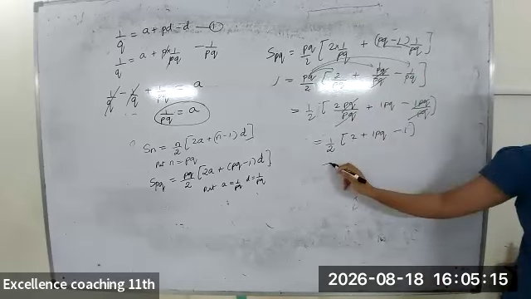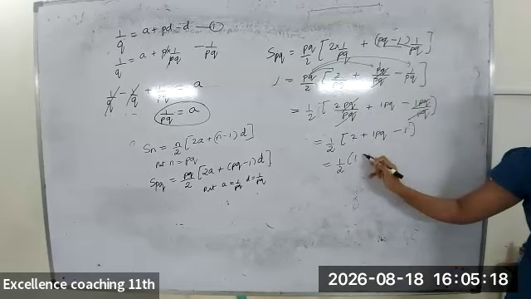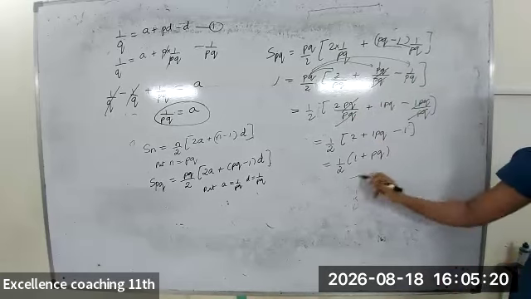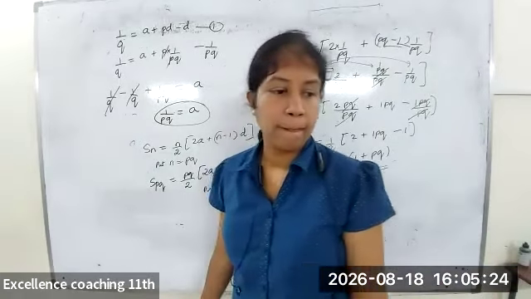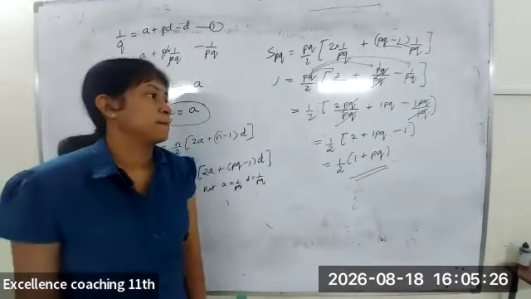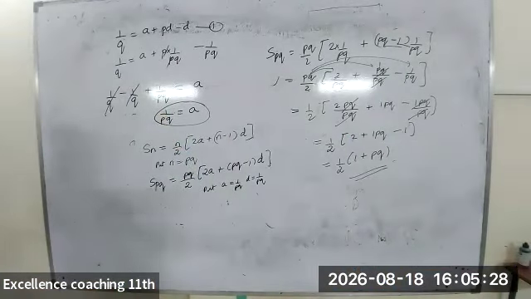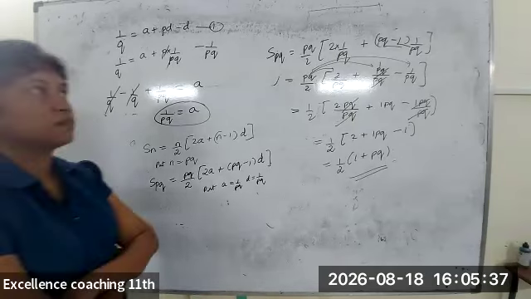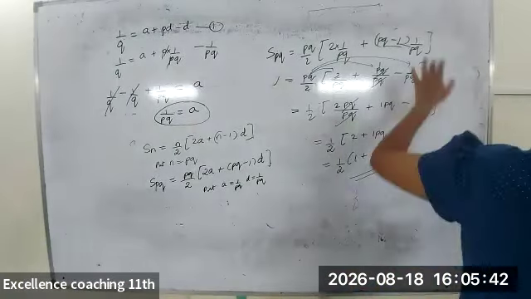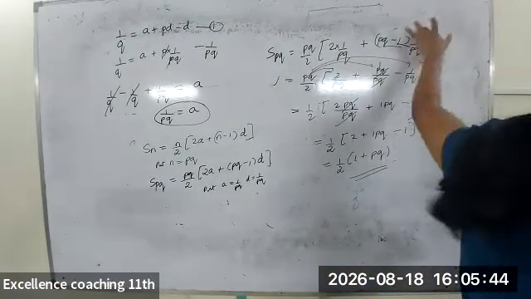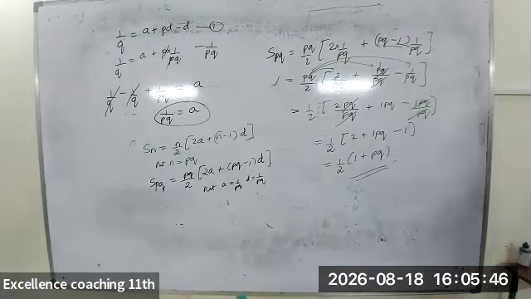Two minus 1 is 1. Or QP you can write first. Or without opening the bracket also, first you could have multiplied PQ inside. Whichever way.